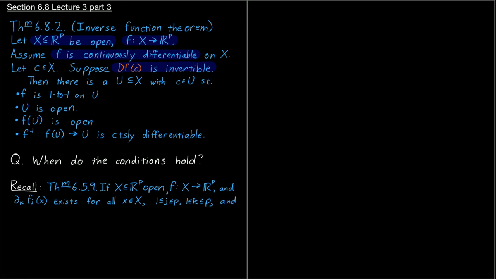And if c is in X, and all of the partial k f_j's are continuous at c, then df of c exists. And now we can actually strengthen this.